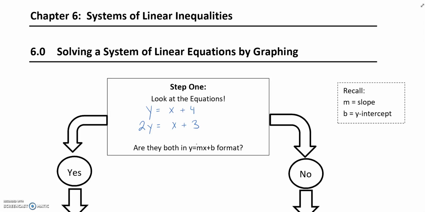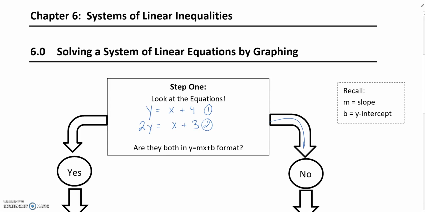Remember that m is the slope of your line, and b is the y-intercept of your line. And those give you some important information when you start graphing. So when I'm looking at these, I can see that yes, equation 1 is already isolated, but equation 2 is not.